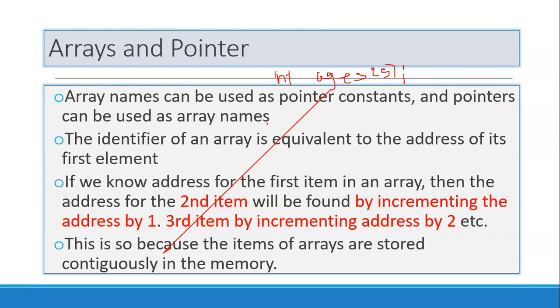It will take us to that, and we'll be able to get the address for that element. So the identifier of an array is equivalent to the address of its first element. Very important. So we are saying if we know the address of the first element, then we can know the address of the second element, because we are just going to advance one step.